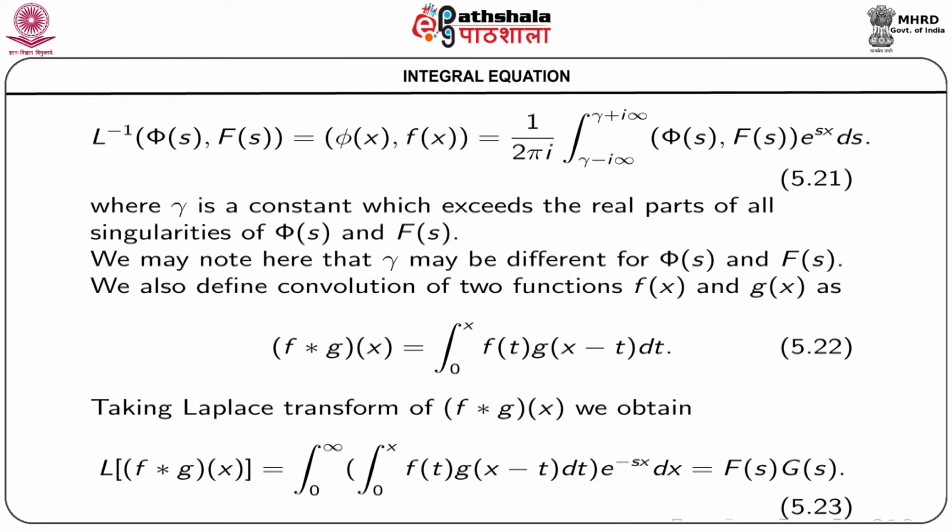If we take Laplace transform of convolution of small f and g, we denote it by the notation L of f star gx, which is given by a double integral. The outer integral is with respect to x with range from 0 to infinity, and the inner integral is with respect to t with range from 0 to x. Here the integrand is ft into gx minus t e to the power minus sx.